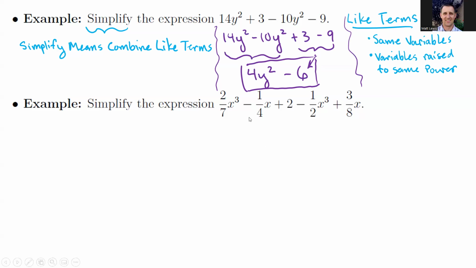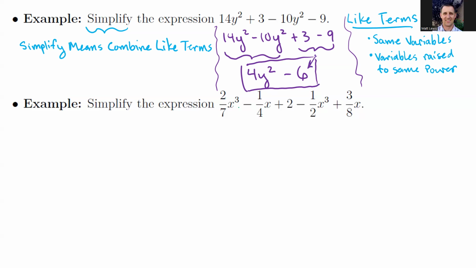All right, the example below is another one where we can see that there are some like terms involved. Of course, I have to up the challenge level a little bit here, and I gave you some fractions to deal with. But nothing really changes, right? Maybe as a first step, I'll put any like terms next to one another so I can see that.